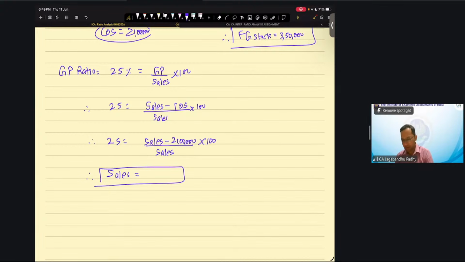The 3.5 lakh was the value of finished goods stock; it's not the value of sales.